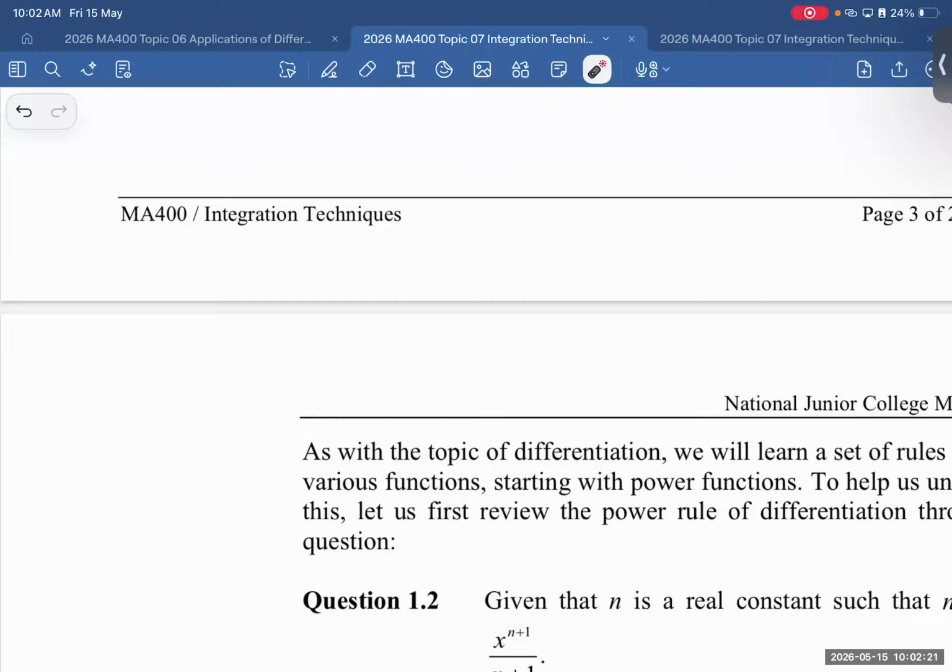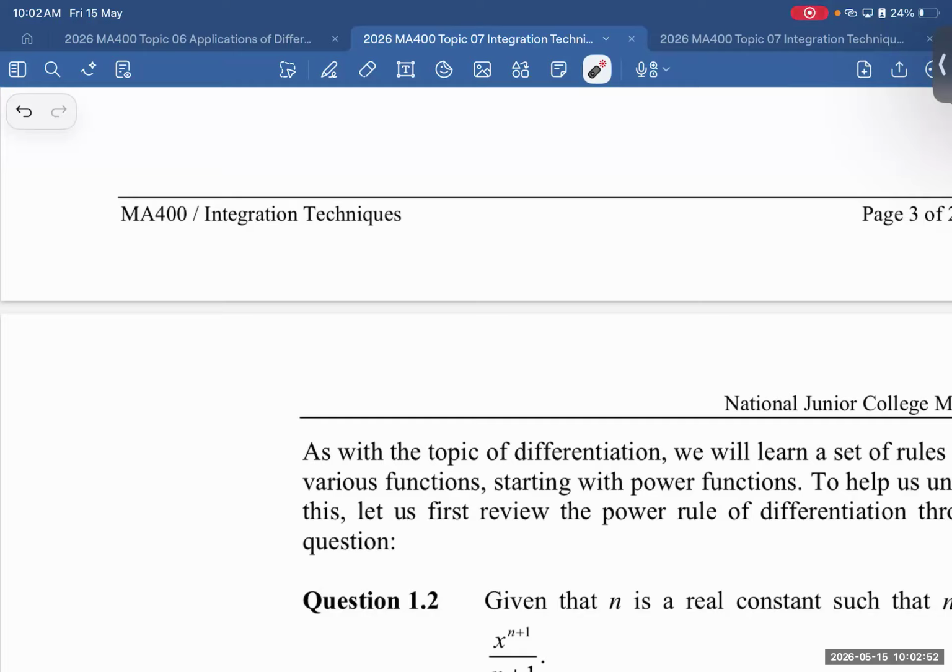So how do I reverse this? What is power dropped by 1? Power add 1. Correct. Now what is action number 2? Power multiplies in front. What's the reverse? Divide by the power. Divide by the new power. Okay, so far?